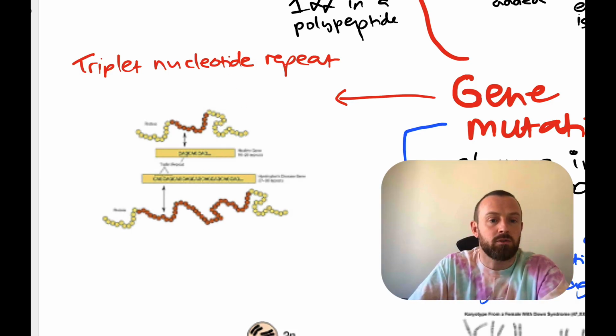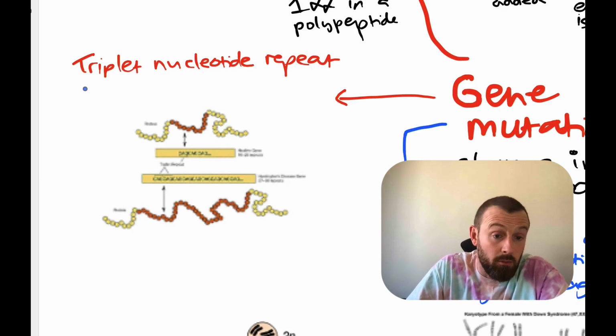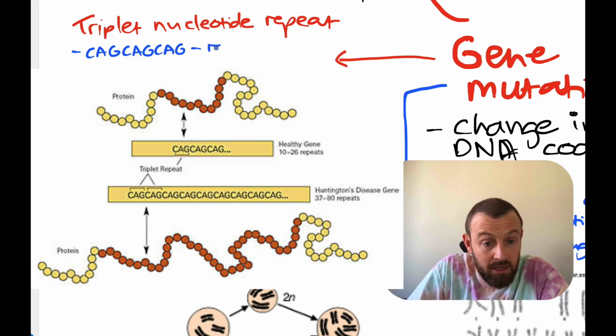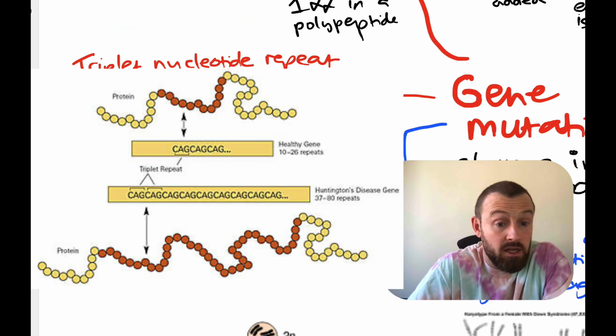I can't remember, this is too blurry to see, but let's just use the example CAG. CAG is the most common repeat. So in some genes, they have just CAG, CAG, CAG, repeated many times. So this is repeated many times in a normal protein.